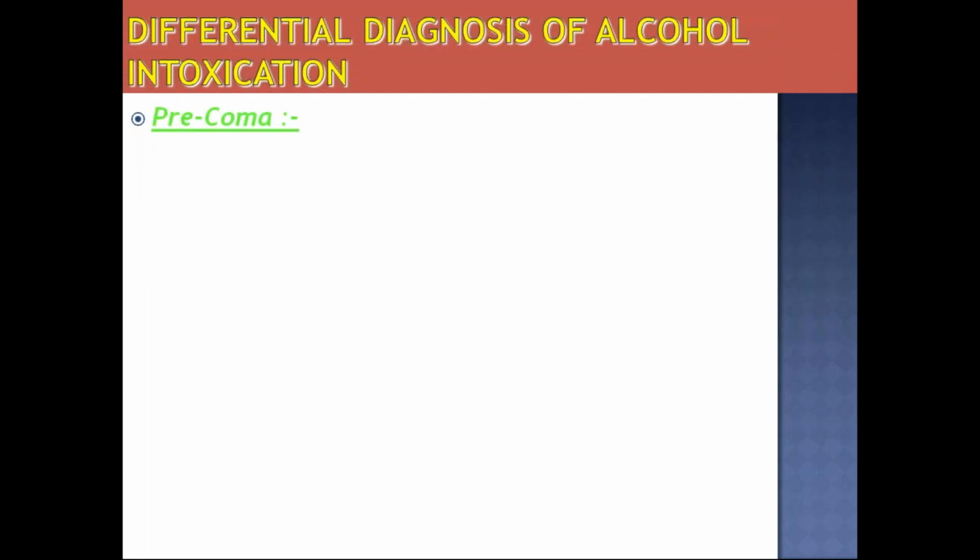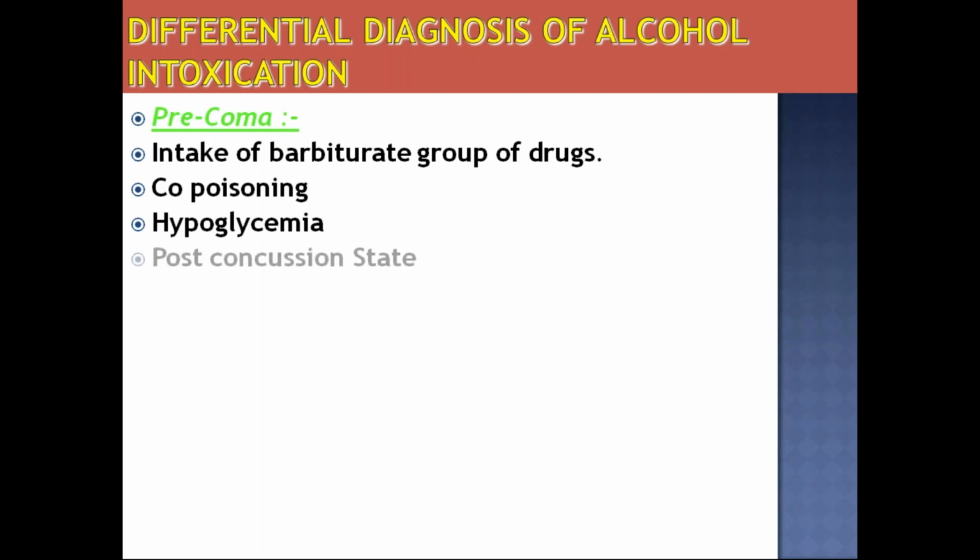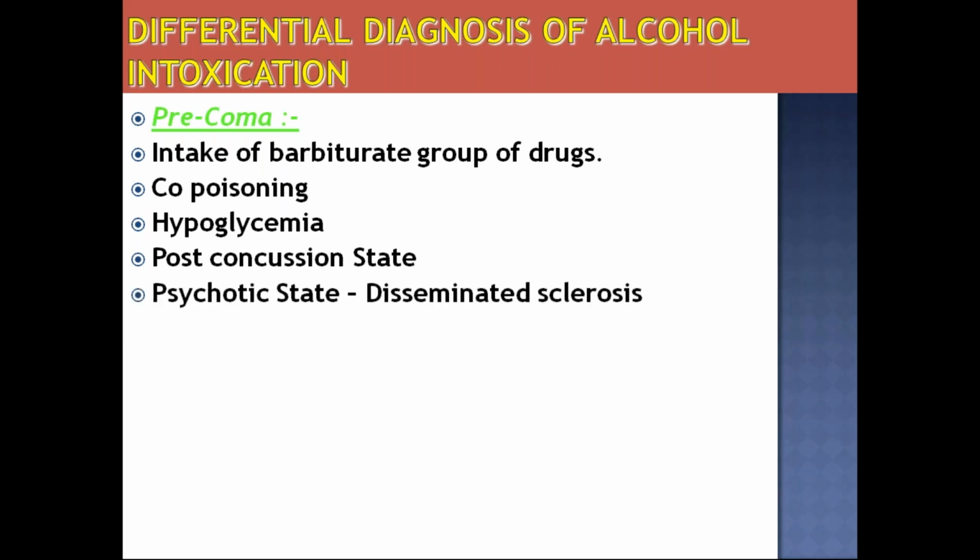So what is the differential diagnosis of alcohol intoxication? These are some of the conditions which can mimic alcohol intoxication, like drug intake, especially the barbiturate group, carbon monoxide poisoning, and hypoglycemia. Hypoglycemia symptoms can also be there, where the person will be drowsy and unable to speak. Then the post-concussion state is also a condition which occurs in RTAs. And then we have the psychotic state, in disseminated sclerosis, a disease condition where a psychotic state can have pre-coma like conditions.